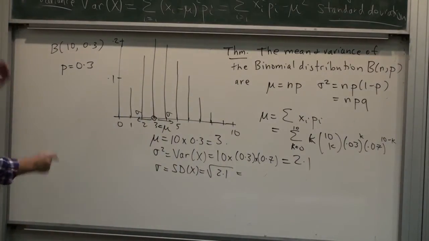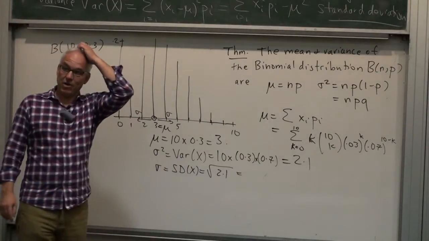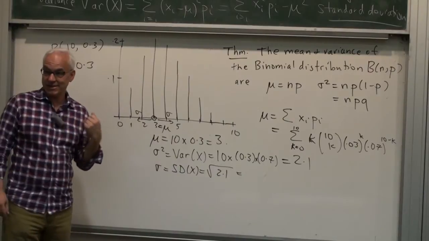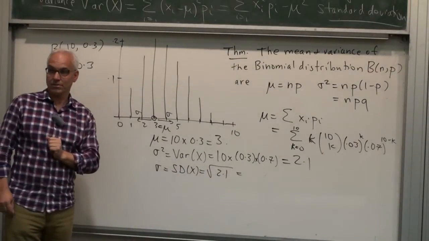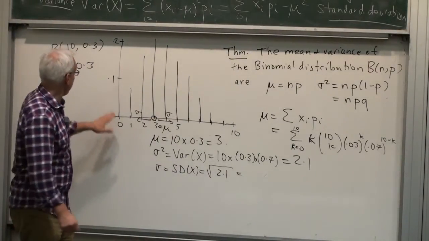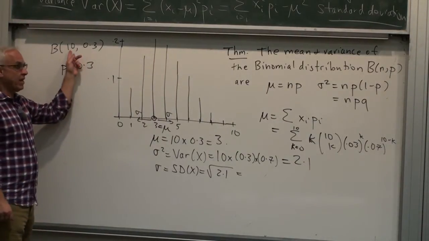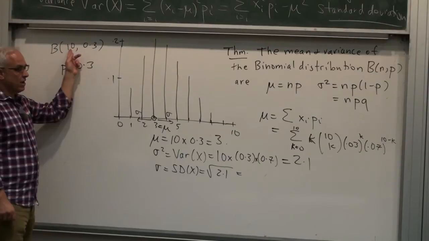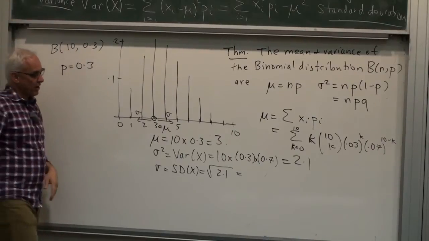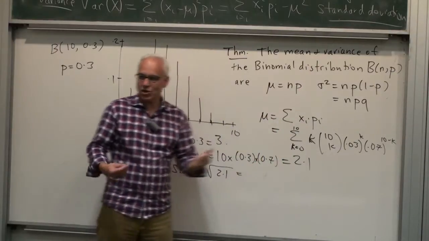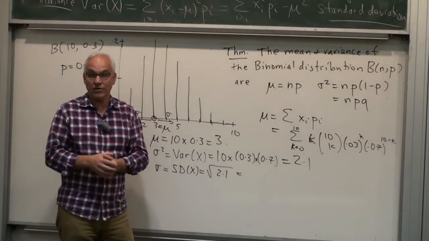But nevertheless, this is an important kind of task in probability. We have a probability distribution which depends, in this case, on a parameter. There's a parameter, in this case the parameter is p. Well, there's also this number n, which is involved. But p is sort of like a parameter. And it's nice to have formulas for the mean and the variance in terms of these various parameters involved in the distribution.